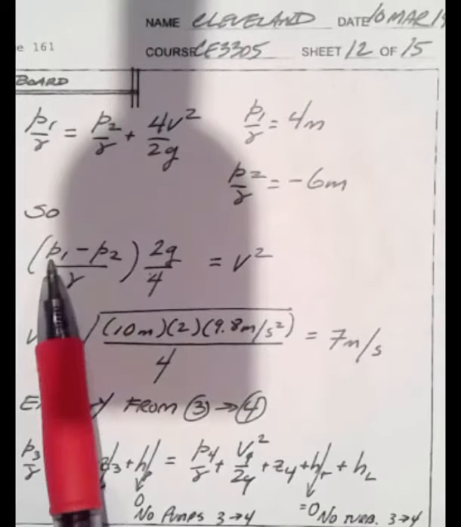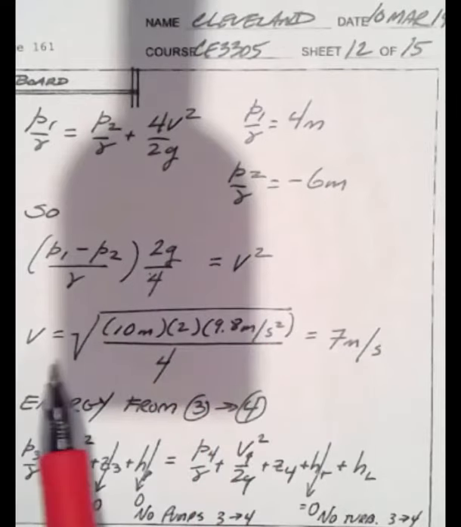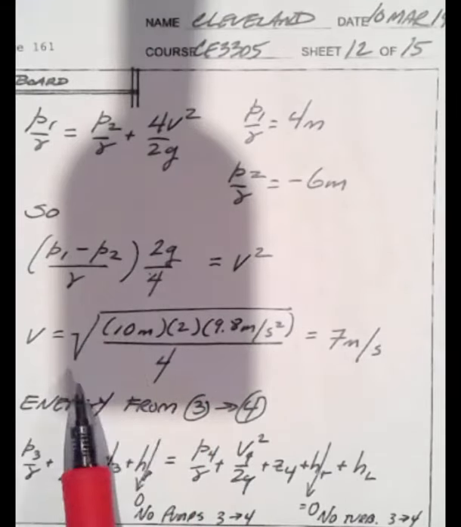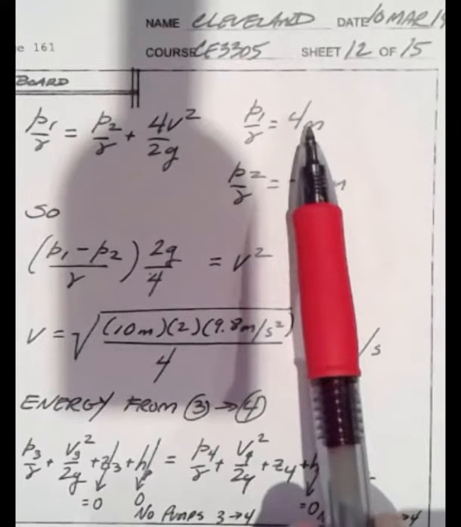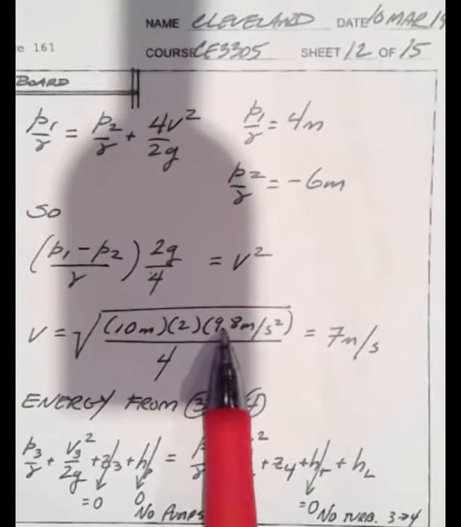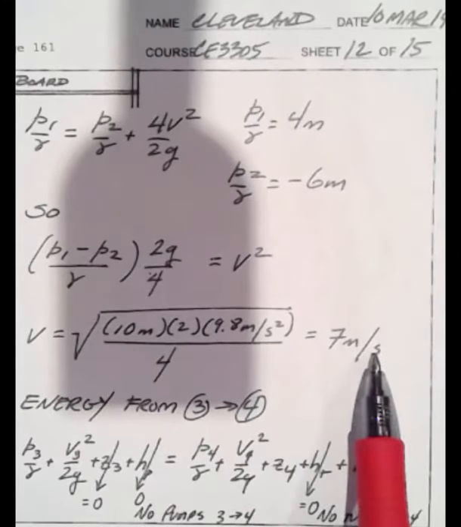So we know that (P1 minus P2) over gamma times 2g over 4 equals V squared. Velocity equals the square root of 4 minus a minus 6, 10 meters times 2 times 9.8 meters per second squared divided by 4, square rooted, is 7 meters per second.